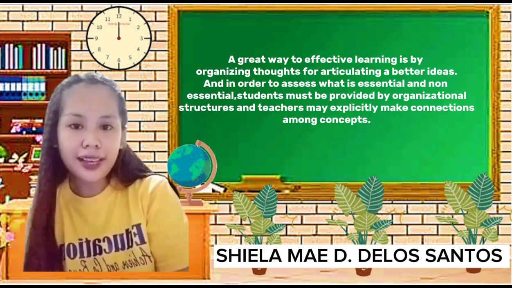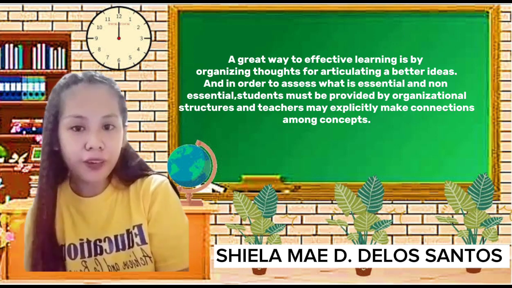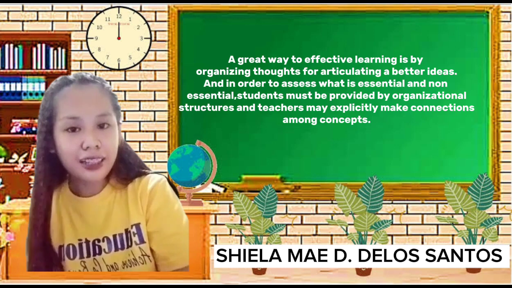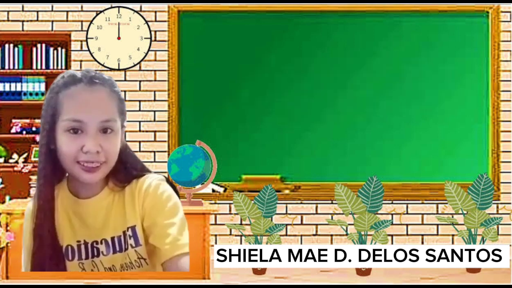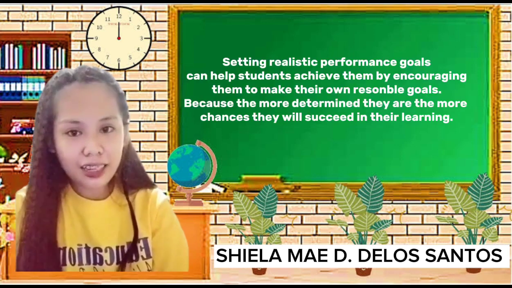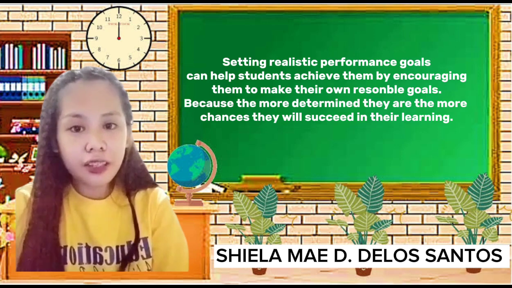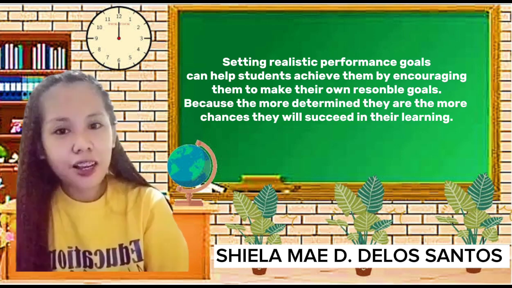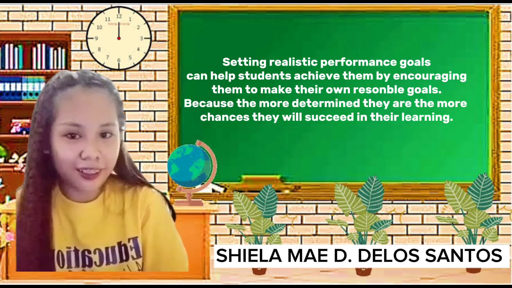In order to assess what is essential and non-essential, students must be provided with organizational structures, and teachers must explicitly make connections among concepts. Setting realistic performance goals can help students by encouraging them to make their own reasonable goals, because the more determined they are, the more chances that they will succeed in their learning.